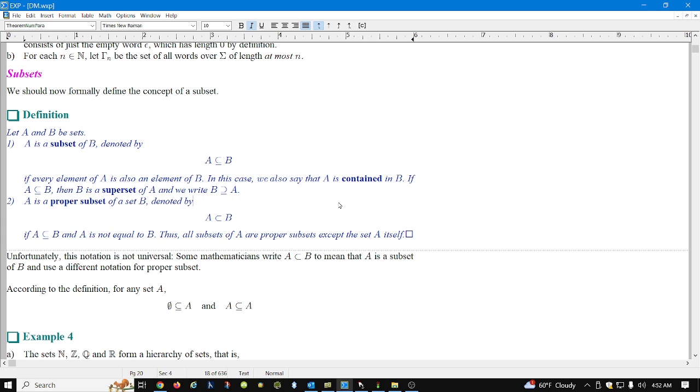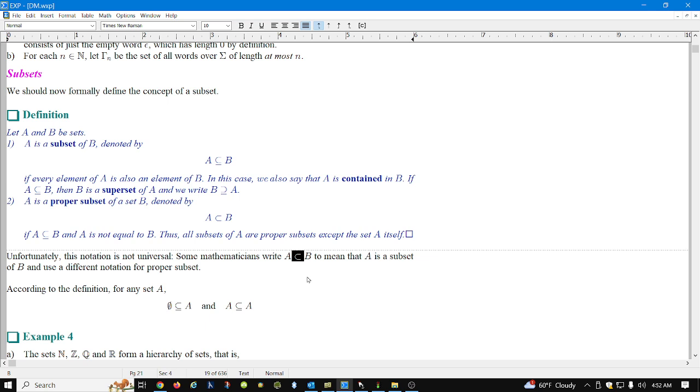So all subsets of a set A are proper subsets except A itself. It's a bit unfortunate that the notation I've just given you is not entirely universal. Some mathematicians will use this symbol, which we use for proper subset, to mean any subset.